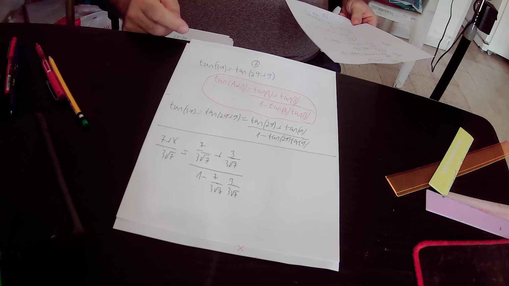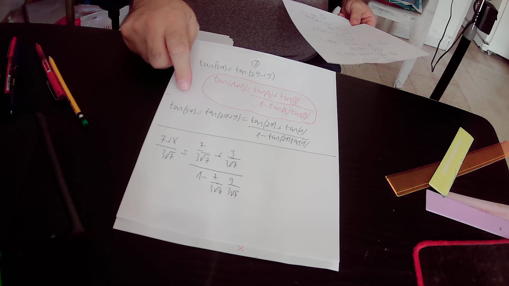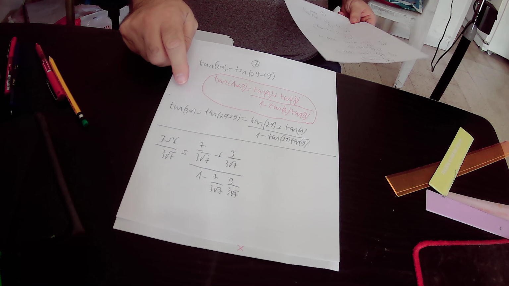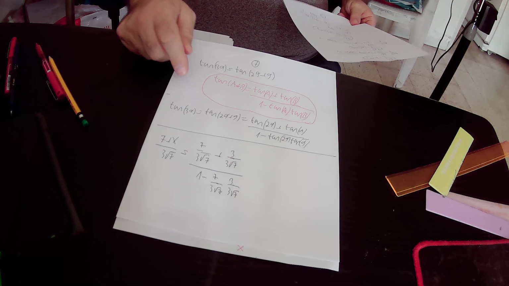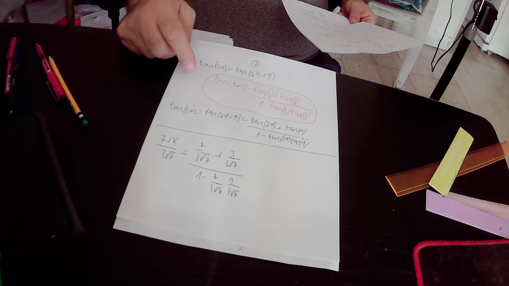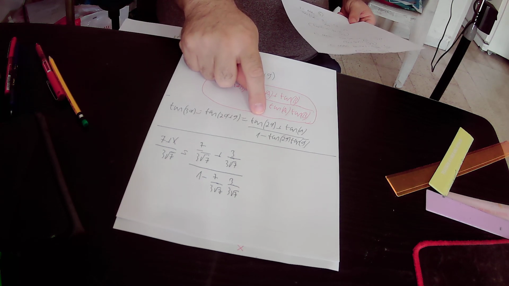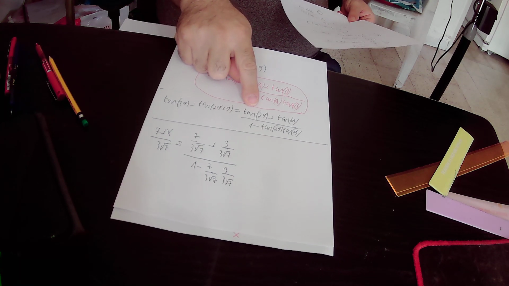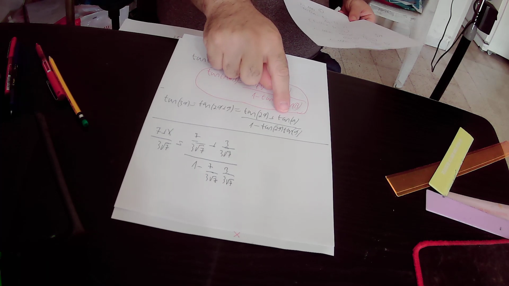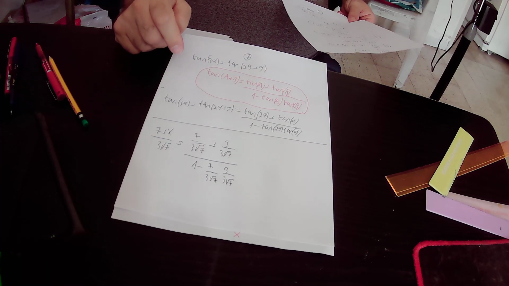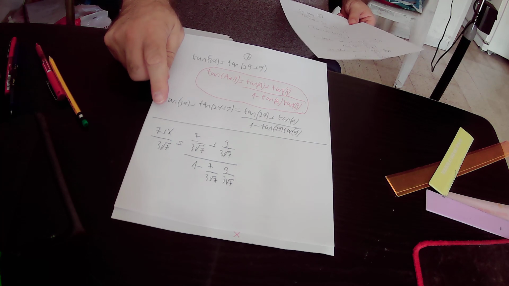We substituted tangent 3 alpha by 7 plus x over 3 times root 7, we put the value of tangent 2 alpha here, and we put the value of tangent alpha here, and we got this equality.